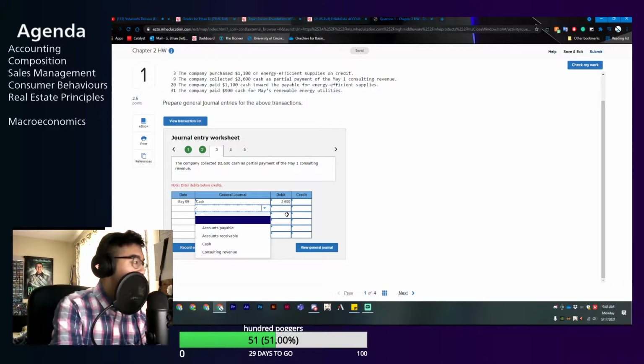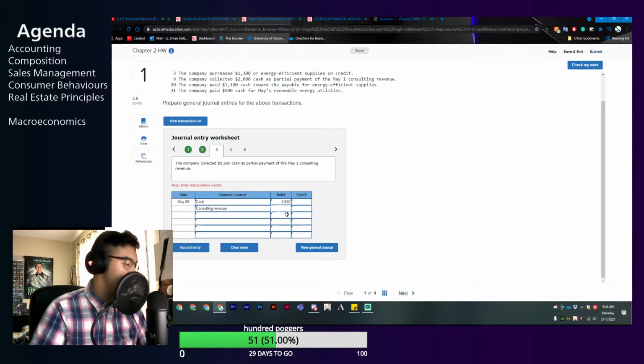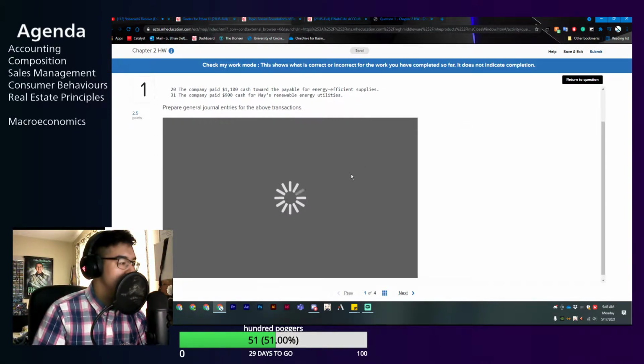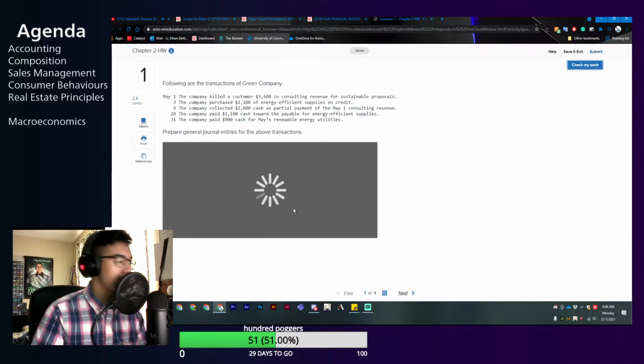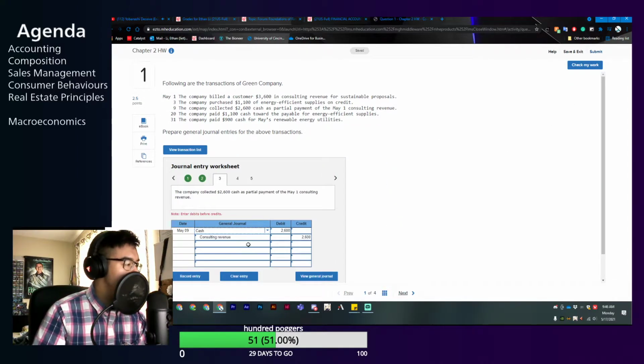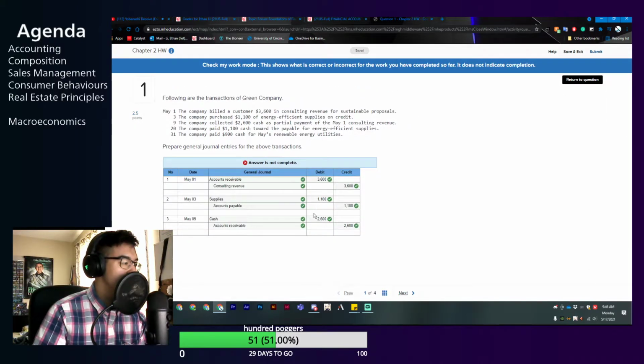How would you split that up? I guess maybe it would still be 26K because it still has to balance out. Okay, it wouldn't be consulting revenue. What would it be? There's only so many, so I guess accounts receivable. Yep, okay.